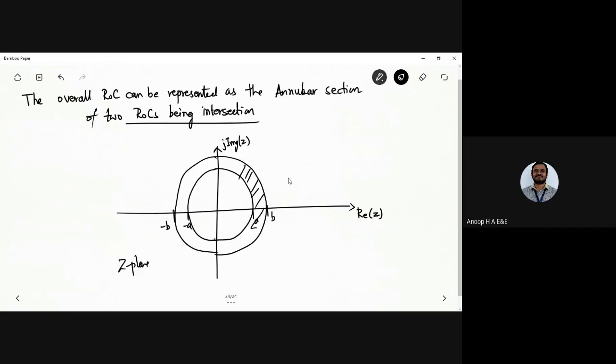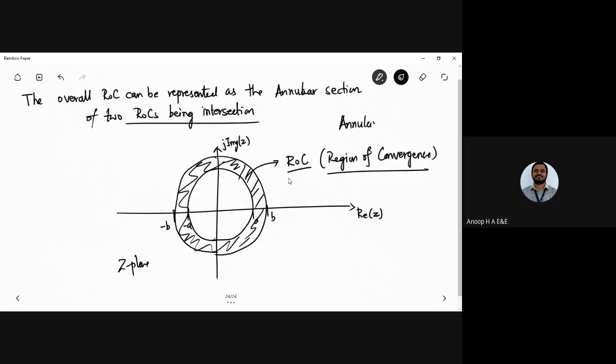This would be the region of convergence, the annular section of the region of convergence. This is the entire ROC which is present here.